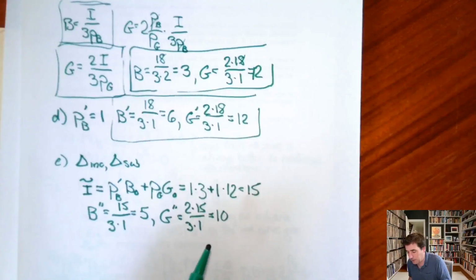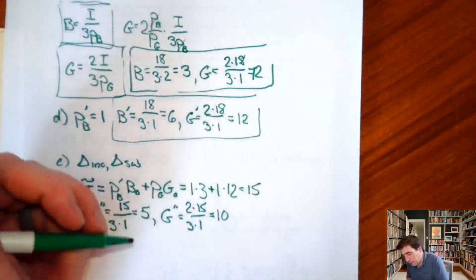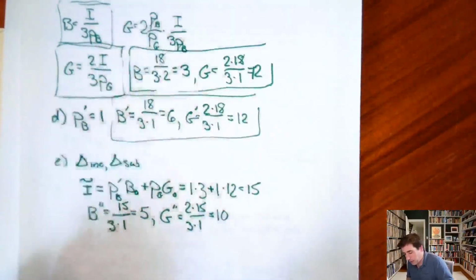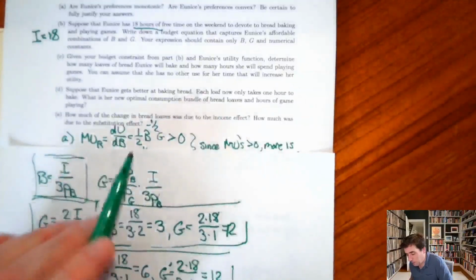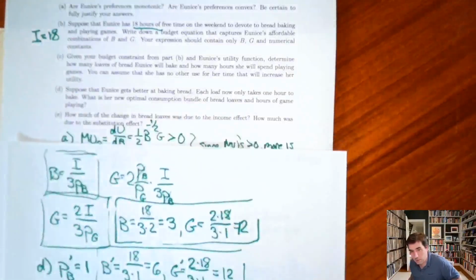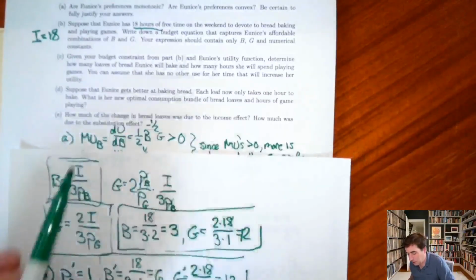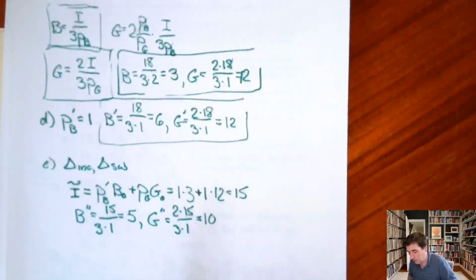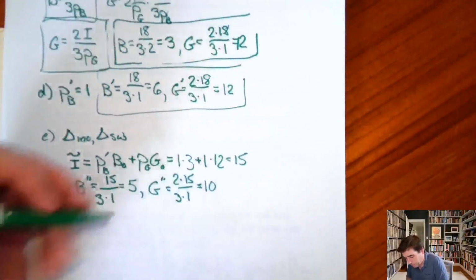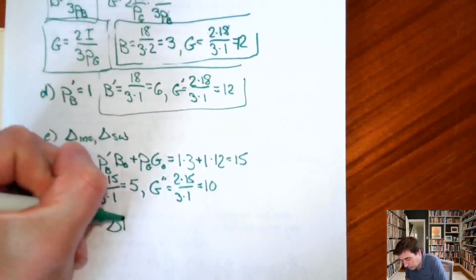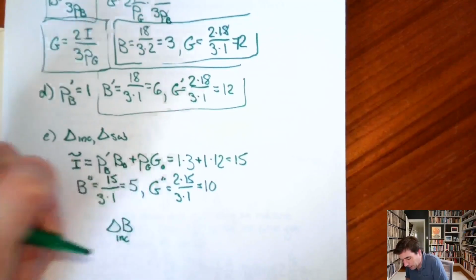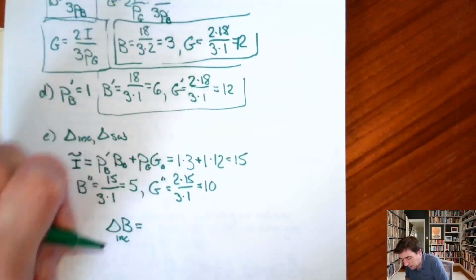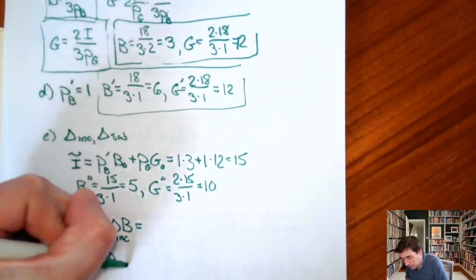Let's make certain we're doing what we're asked for: the change in bread loaves due to the income effect and the change in bread loaves due to the substitution effect.